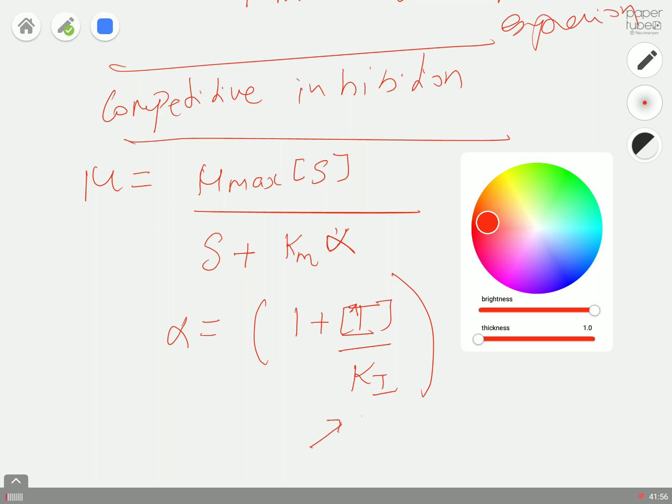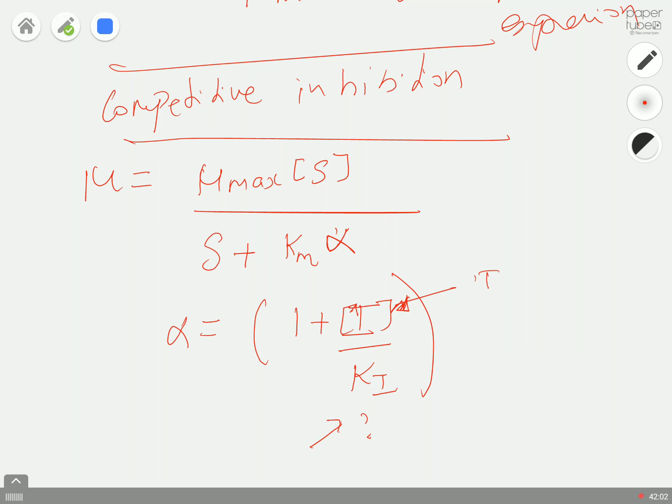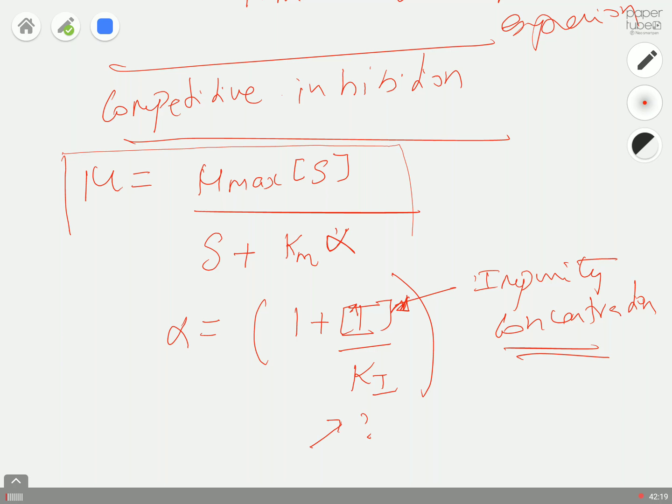So what is this Ki? This is the inhibitor concentration, which you know. This is a bit complex topic, but you have to learn. You should have some patience to learn this topic. So when you are dealing with competitive inhibition, your initial velocity is given by this expression.